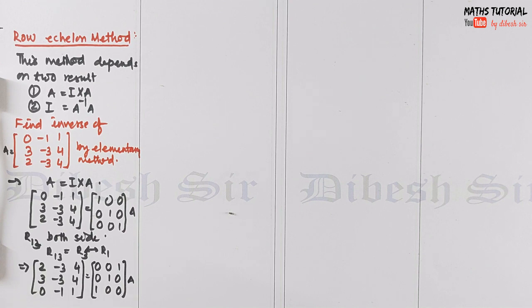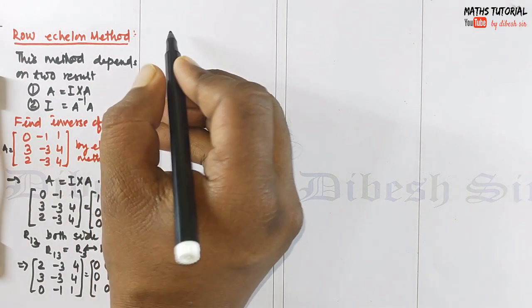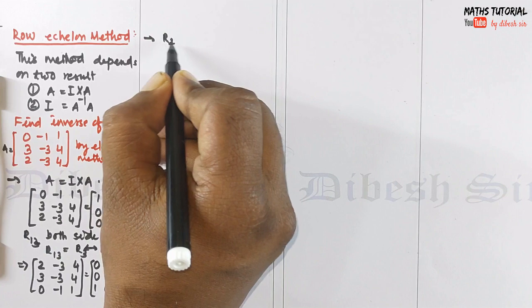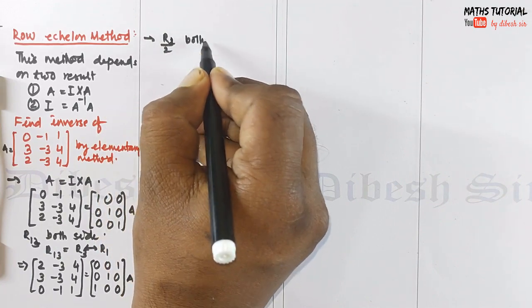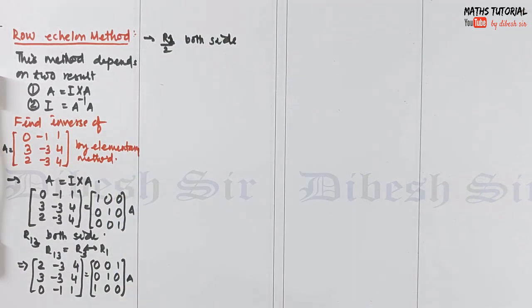Now apply. To make this leading entry 1, you have to divide by 2 on both sides. So apply R1 by 2 on both sides. This is R1, remember that.